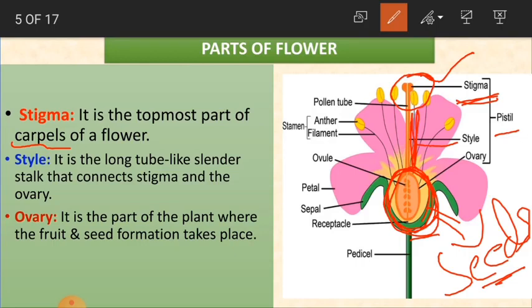Okay. Understood, children? So stigma is the topmost part here, which is sticky. Style is a long tube-like slender stalk. Stalk is nothing but which is taking support, and ovary is the part of a plant where fruit and seed formation is taking place.